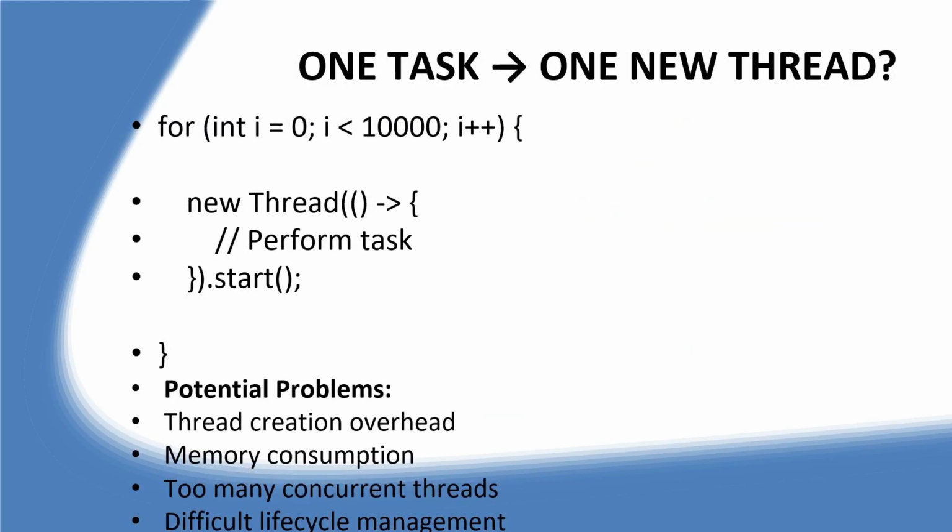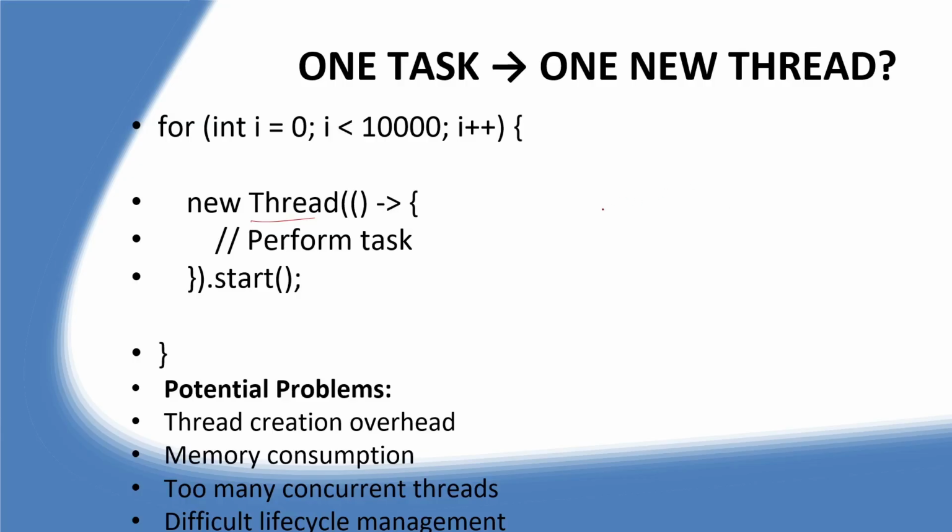Until now we have created threads manually using the Thread class like this, right? For a smaller number of threads, this is perfectly fine for learning and for some simple use cases. But imagine creating a new thread for every incoming task.